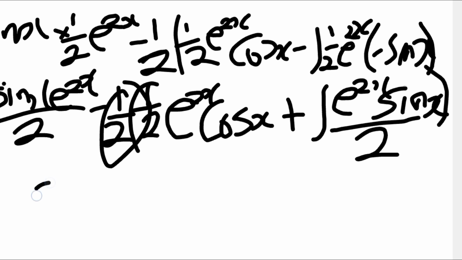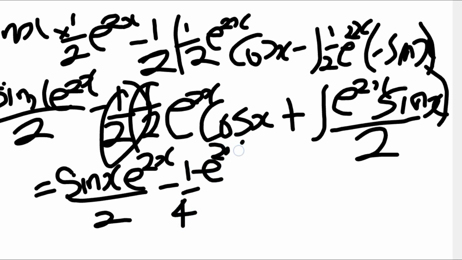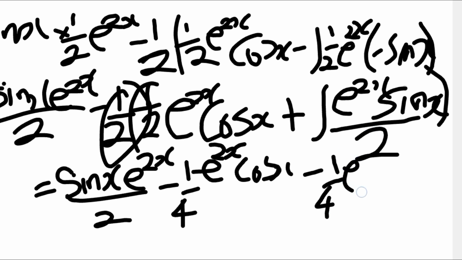So it's going to be equal to sine x e raised to the power of 2x over 2 minus 1 over 4 e raised to the power of 2x cosine x minus 1 over 4 as well. We're going to factor out 2, it's going to come behind the integral. So it's going to be 1 over 4 e raised to the power of 2x sine x.